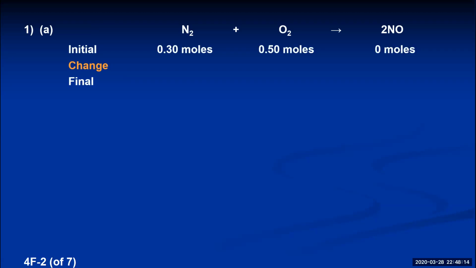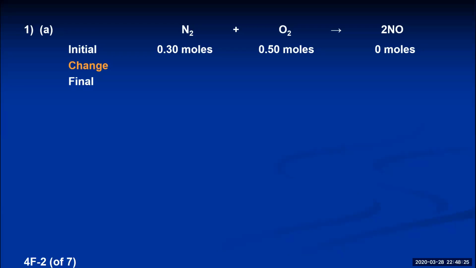So I've given you the reaction between nitrogen and oxygen forming nitrogen monoxide, and I've given you in the container initially 0.30 moles of nitrogen, 0.50 moles of oxygen, and no nitrogen monoxide. And you're to figure out what change is going to occur and then what the final moles will be.